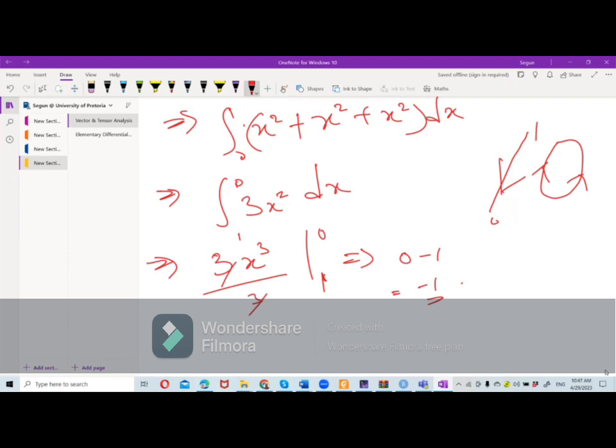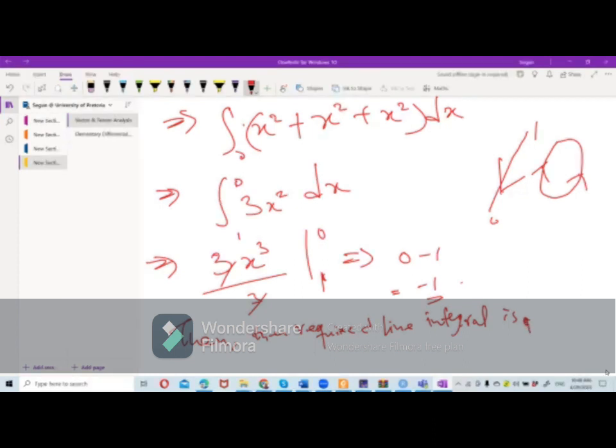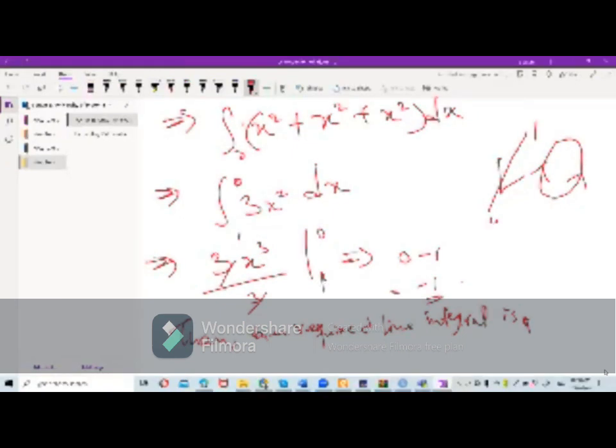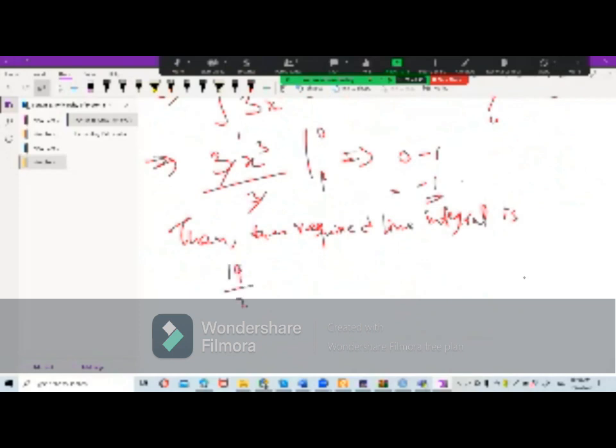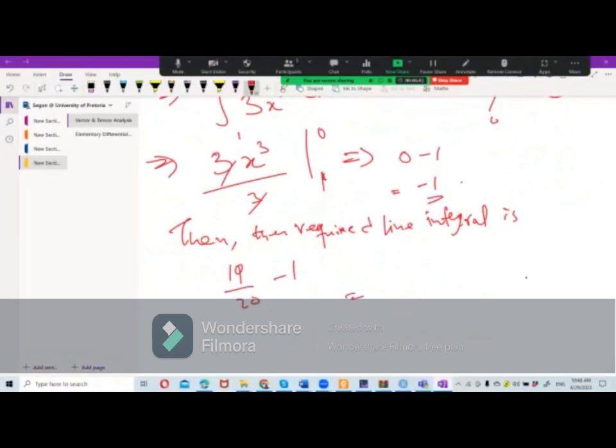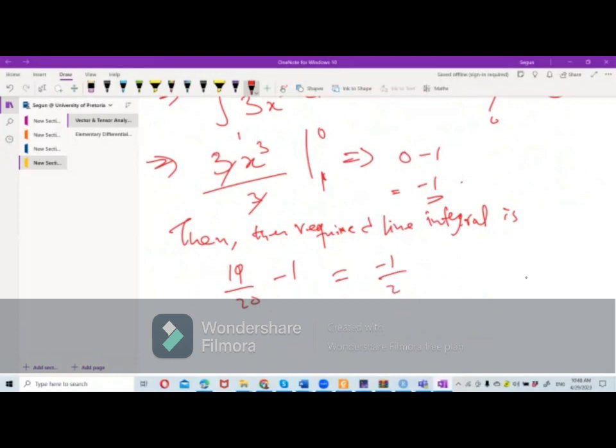Then the required line integral is what now? 19/20 minus 1, which at the end of the day you have to be -1/20.